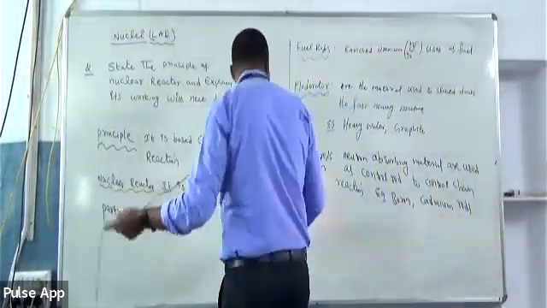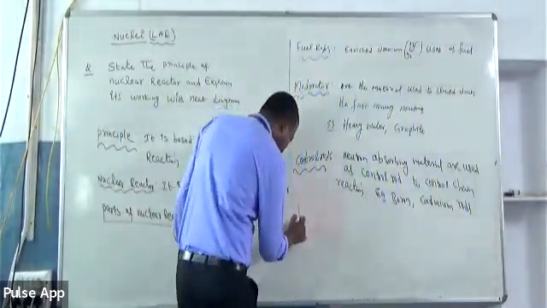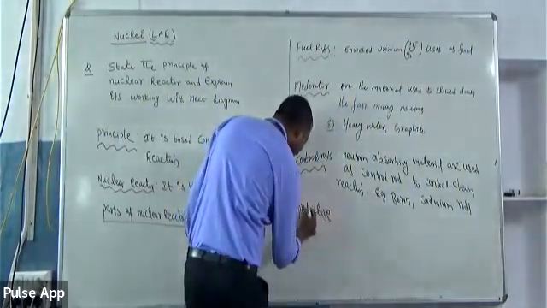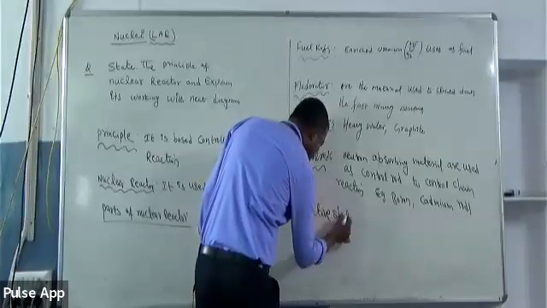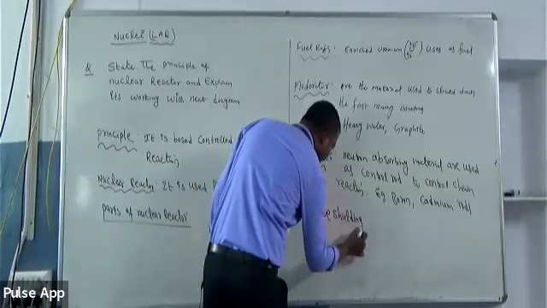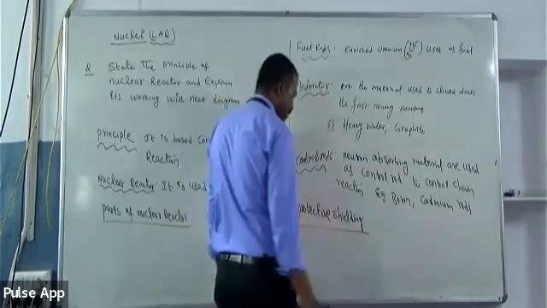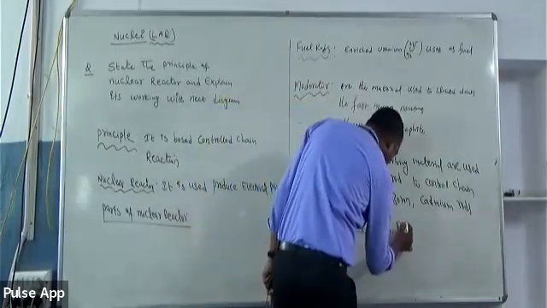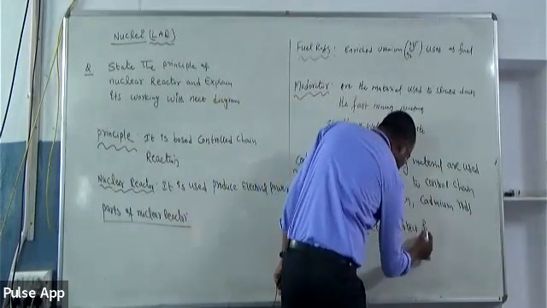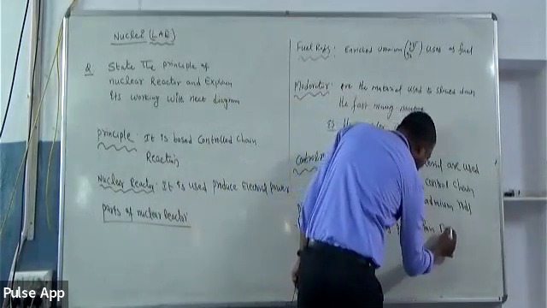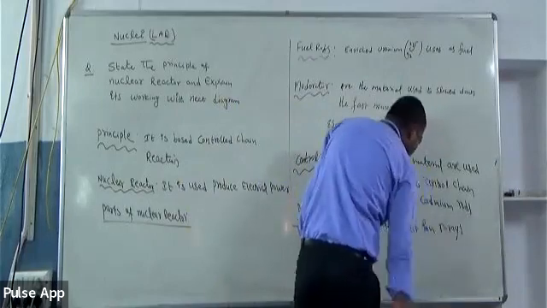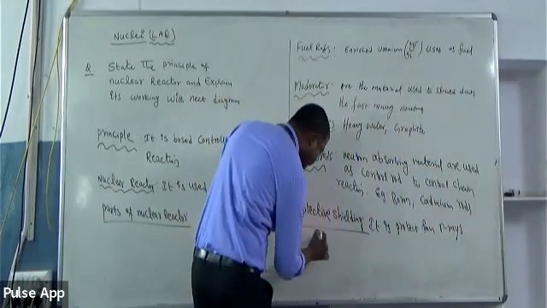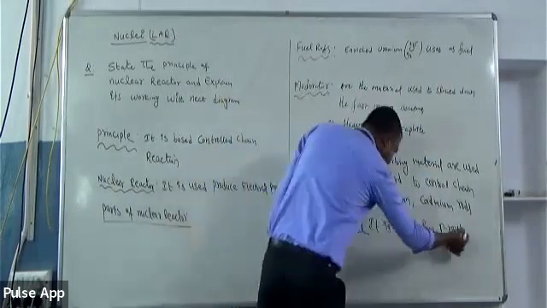Clear? So that is the protective shielding. It protects from gamma rays.